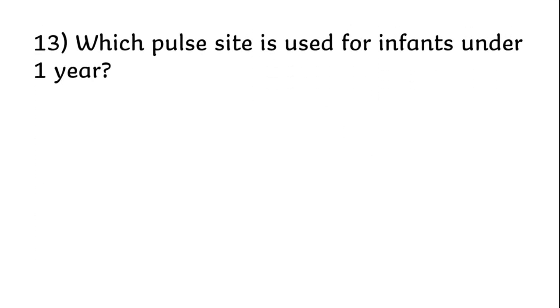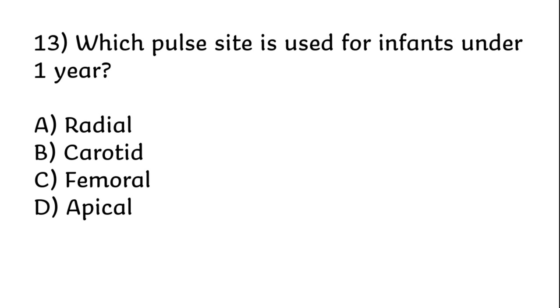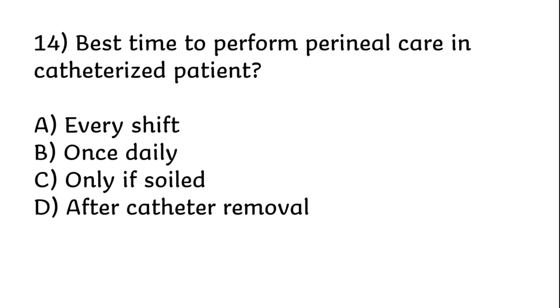Which pulse site is used for infants under 1 year? Radial, carotid, femoral, apical. Correct answer is option D, apical. Best time to perform perineal care in catheterized patient. Every shift, once daily, only if soiled, after catheter removal.